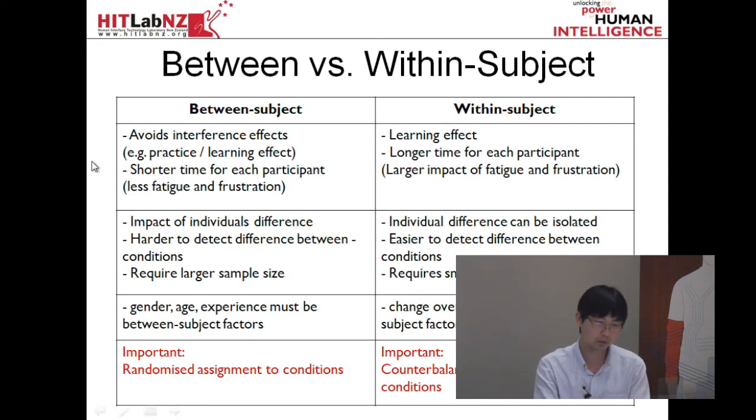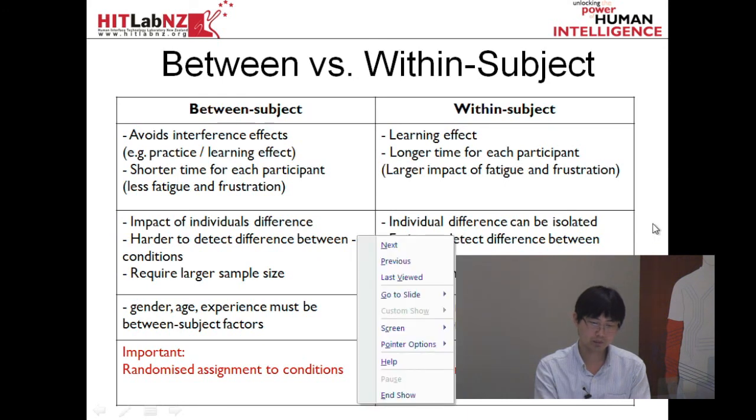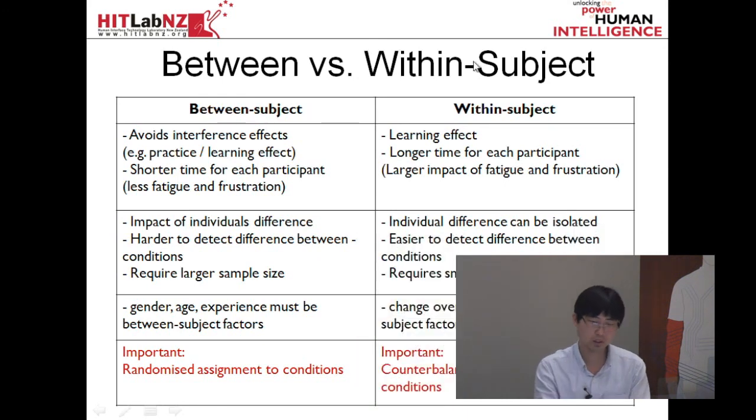But the between subject design, on the other hand, will take shorter time for each participant, and can also avoid interference from the learning effect. But on the other hand, with the within subject design, you can isolate out the difference between the participants.